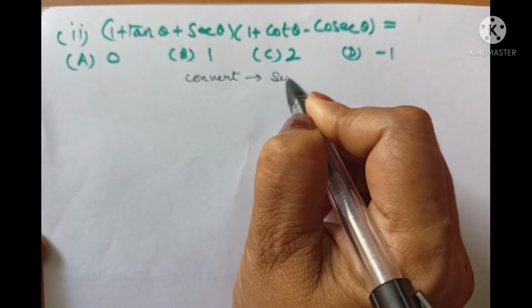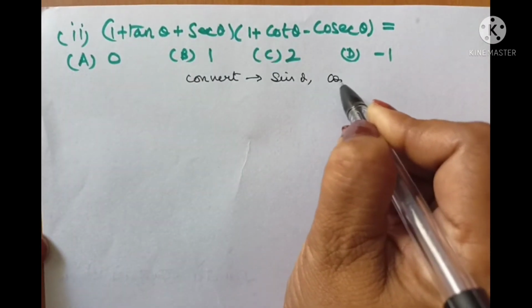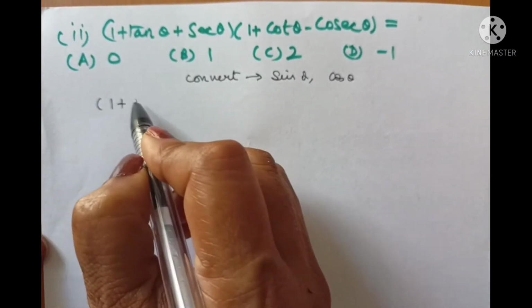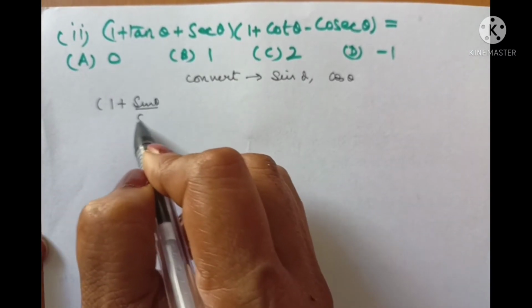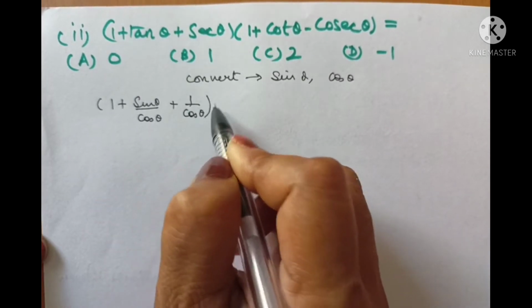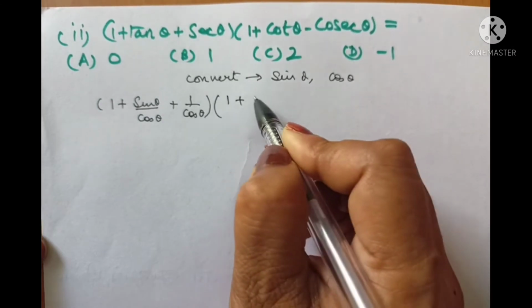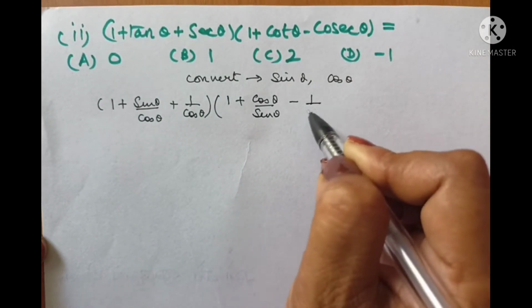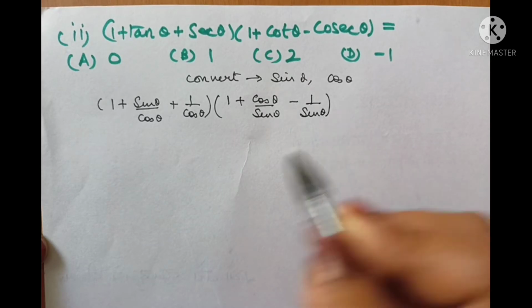Convert all to sin theta and cos theta. Let us see how. Now here 1 will remain 1, and tan theta can be written as sin theta upon cos theta. Secant theta can be written as 1 by cos theta. 1 is 1, cot theta is cos theta by sin theta, minus cosecant theta is 1 by sin theta.